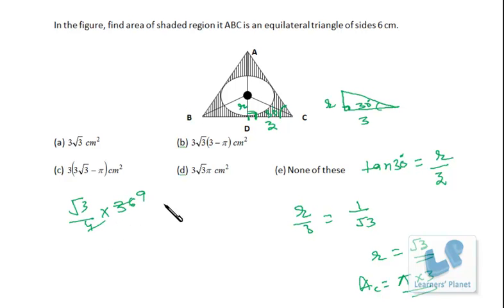So this is the area of the triangle, that is 9 root 3, and this is the area of the circle, that is 3 pi. So this is the area of the remaining portion, or we can say the shaded region. Okay, so 3 you just can take common. So here 3 root 3 minus pi. That will be the correct answer. So it is 3 root 3 minus pi.